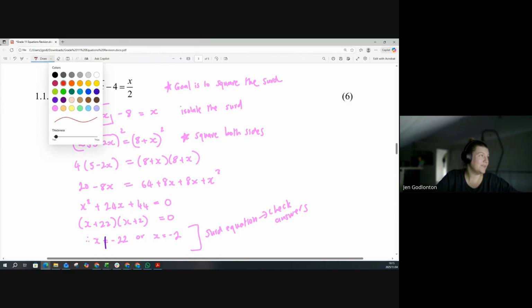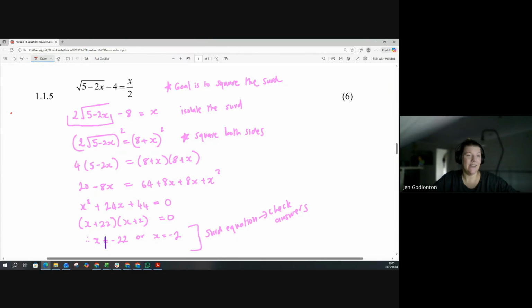So marks for this one: you would get a mark for multiplying out that 2, so the 2 minus 8 when you've got to that stage. You get a mark for showing that you know how to square. You definitely get a mark for the 4 and then 5 minus 2x.